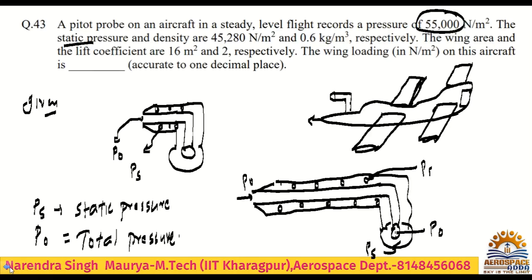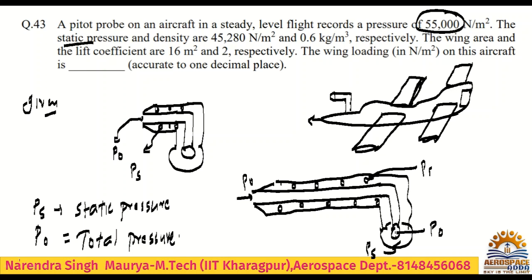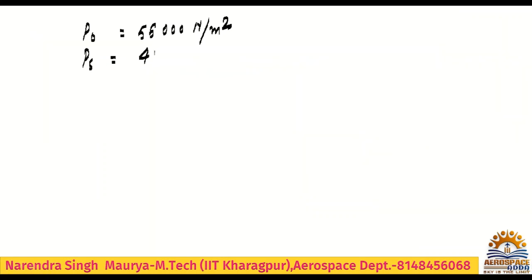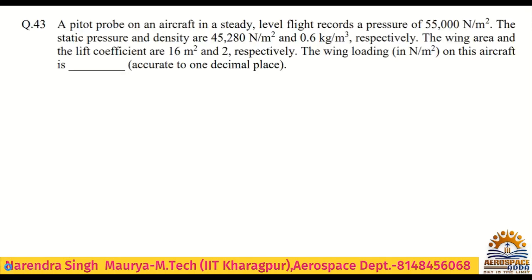P naught is given as 55,000 Newton per meter square. And static pressure is given as 45,280.